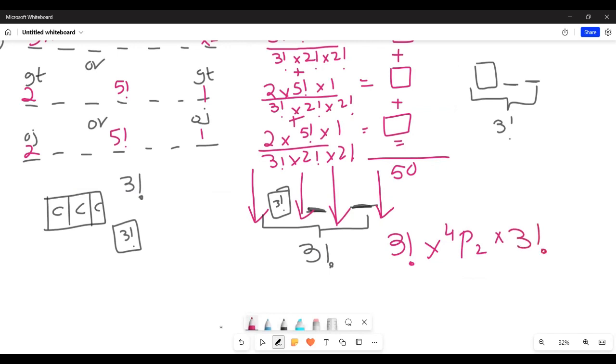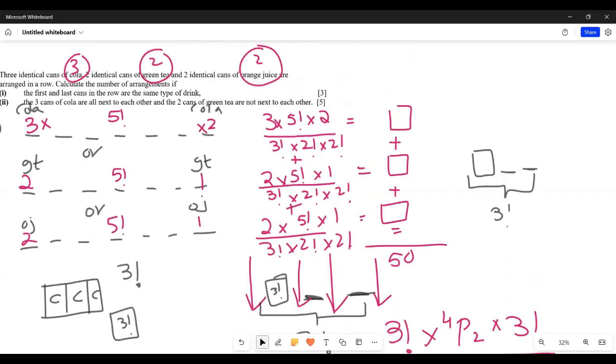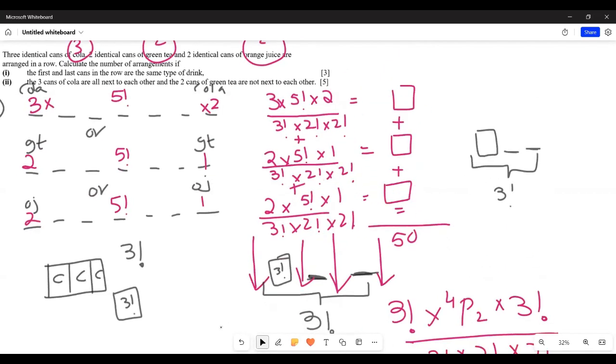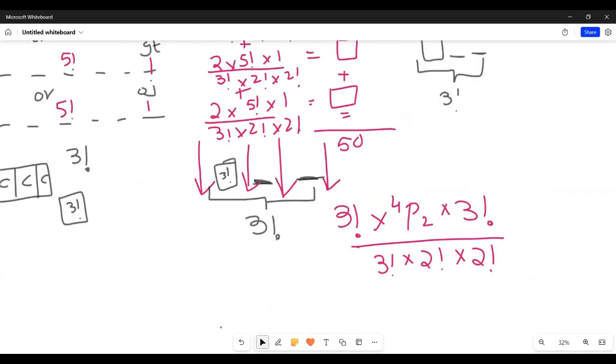And in the denominator, you have to cater for the repetition. So there are 3 repetitive cans, 2 repetitive juices, and another 2 repetitive green tea. So this gives 18.